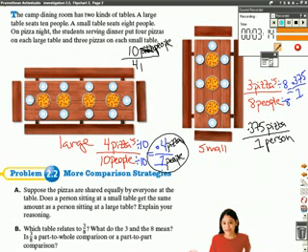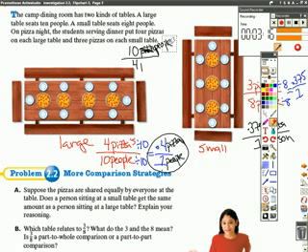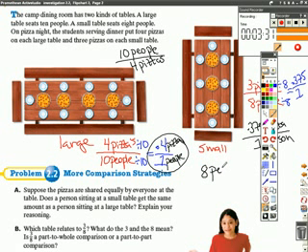Let me write that neater. Ten people, and divide that by the 4 pizzas. And at the small table, I want you to take the 8 people and divide that by the 3 pizzas.